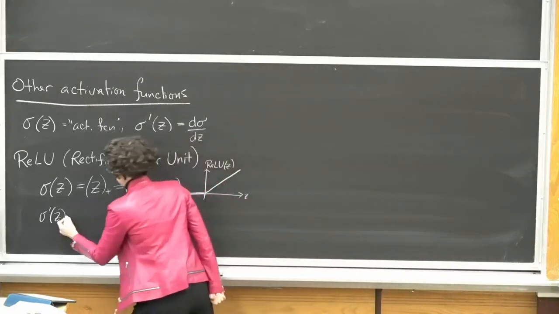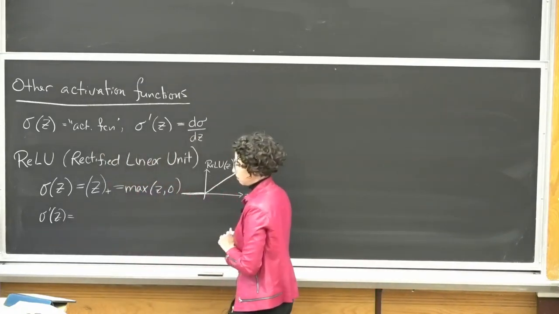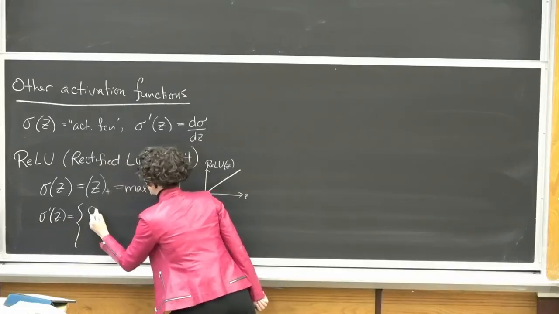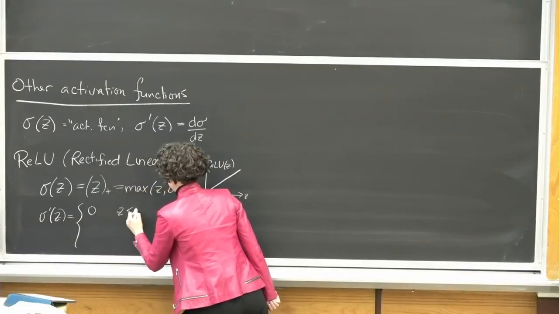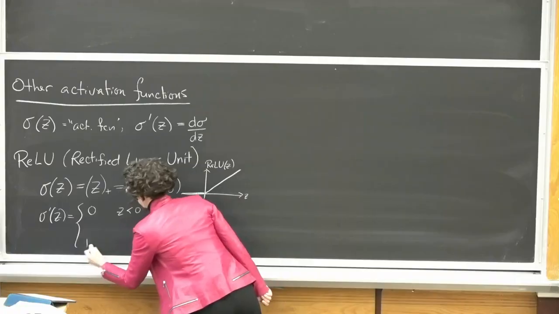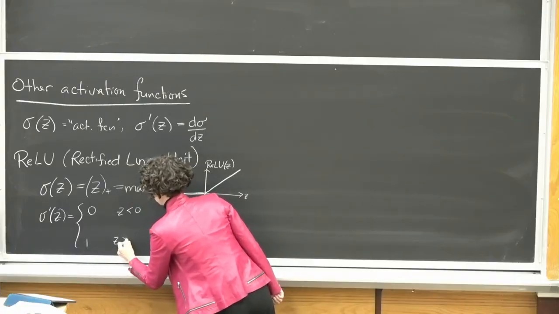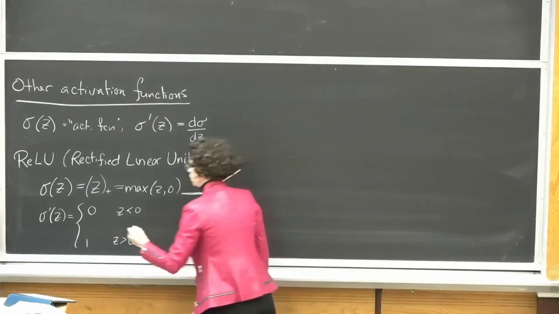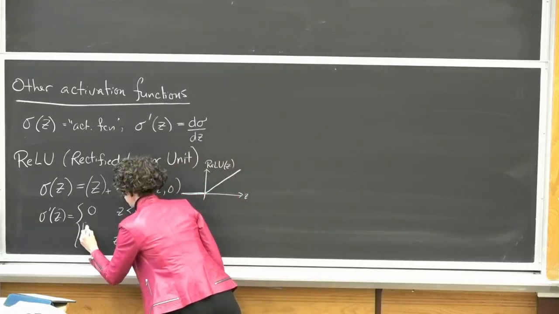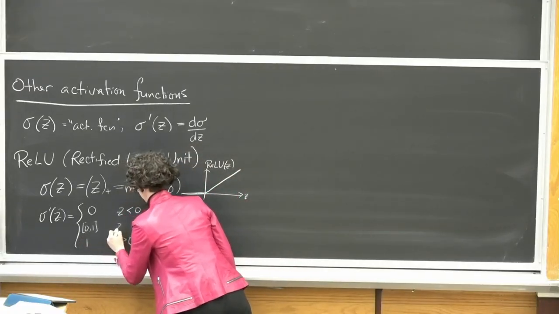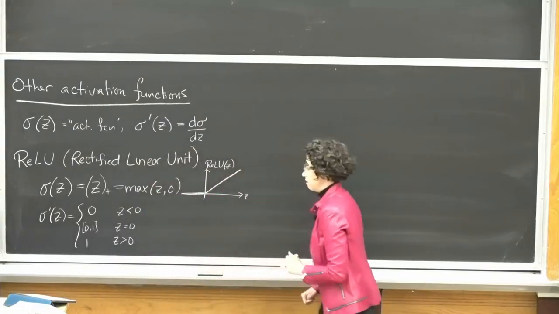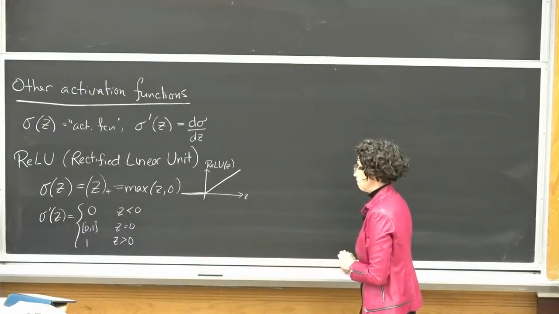And so we're still going to use the notation sigma prime of z. The derivative is equal to 0 whenever z is less than 0, and equal to 1 when z is greater than 0. Right at 0, we can use any value we want between 0 and 1, and we call this a subgradient.